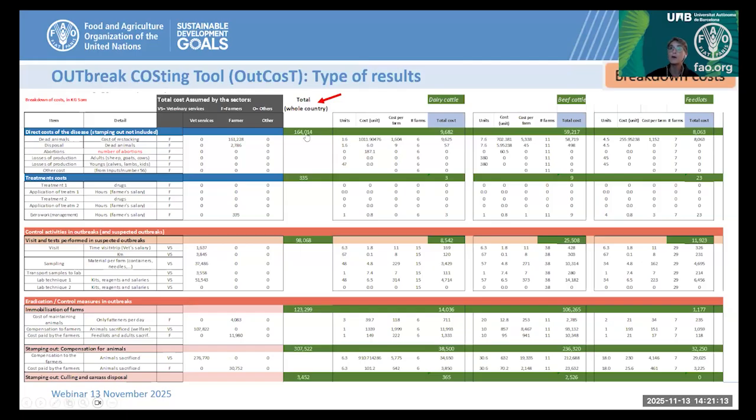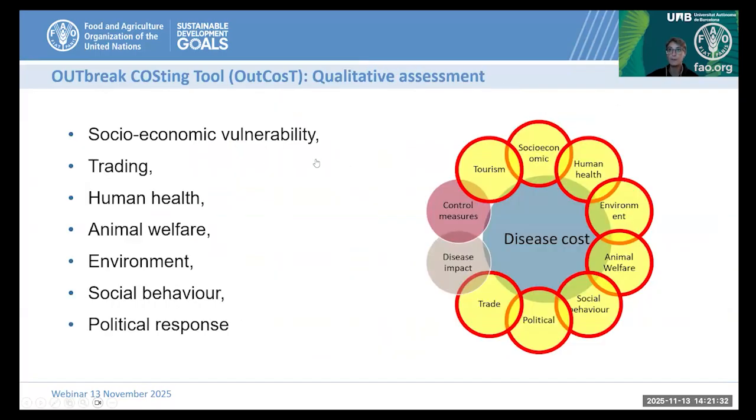In the same table, you have the overall total for the country, the results divided by sector, veterinary services and farmers by default, and then a third that the user can specify. And then also here, the detailed results by production type.